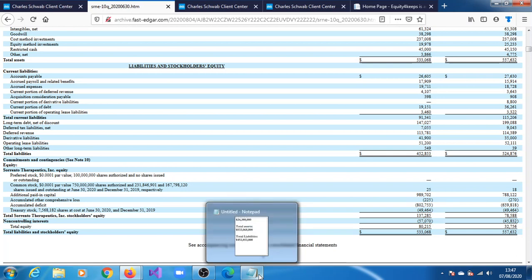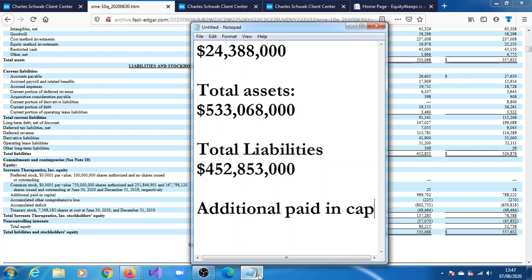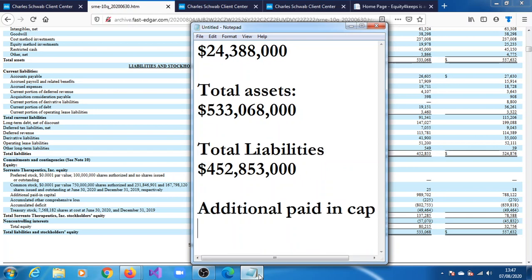Additional paid in capital is $989,702,000.